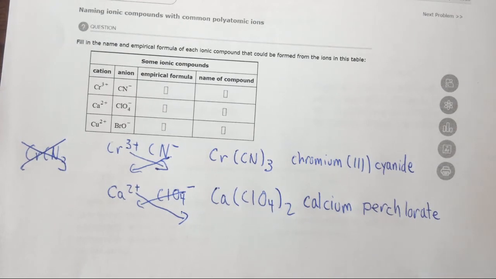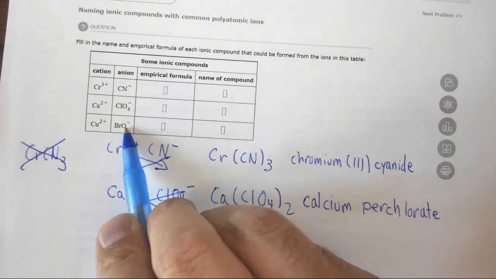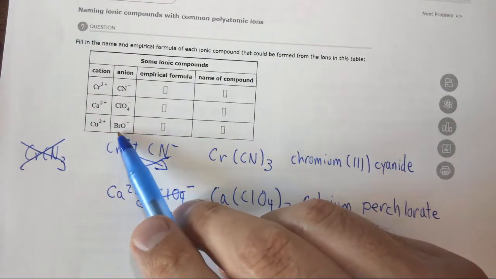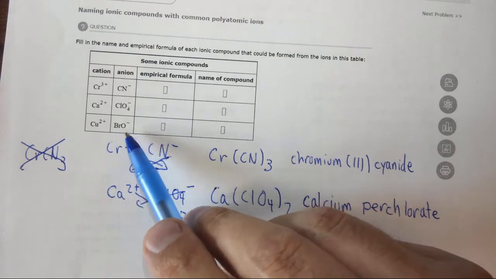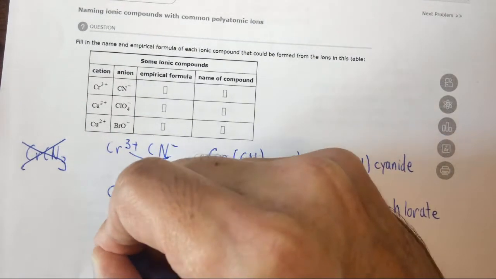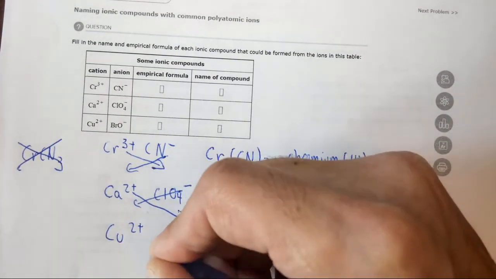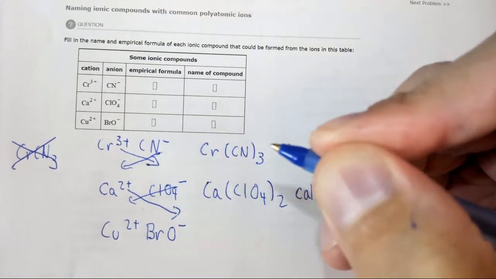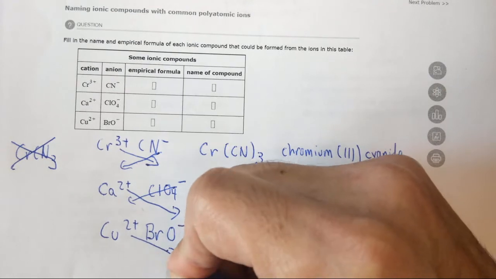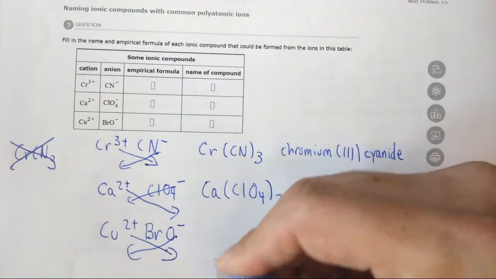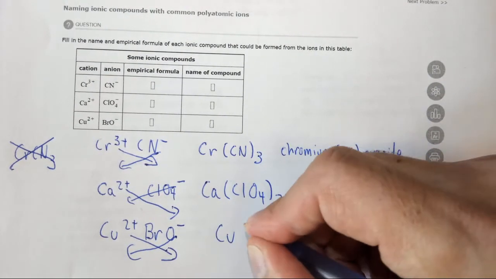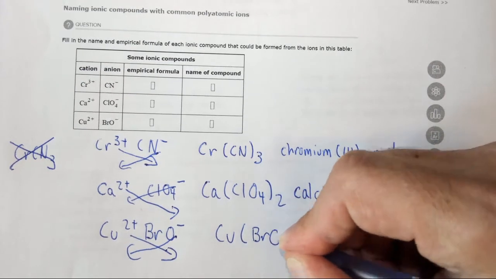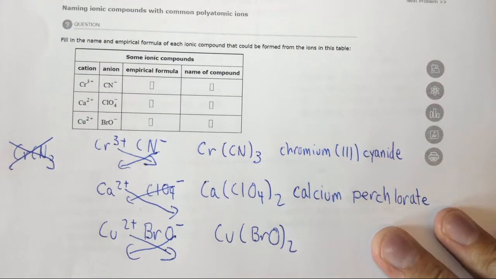In the last case, we have Cu2+, and in this case, we have the hypobromite, which is BrO-. So Cu2+, BrO-, cross them, and we get Cu in parentheses, BrO 2 times.